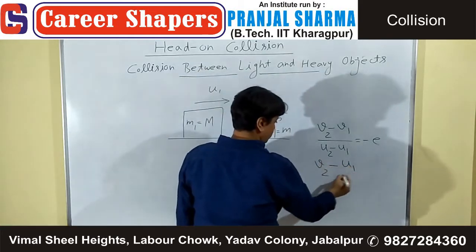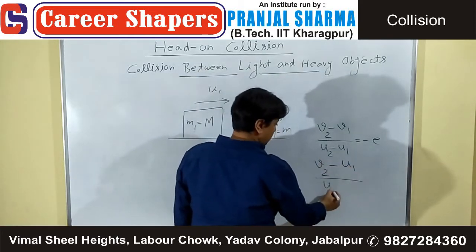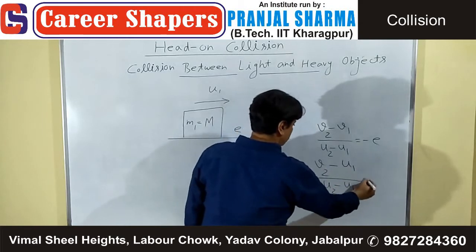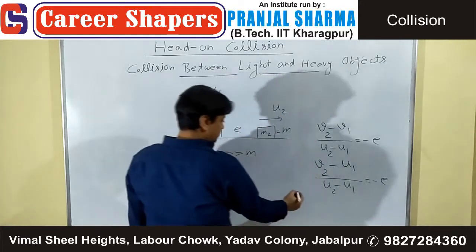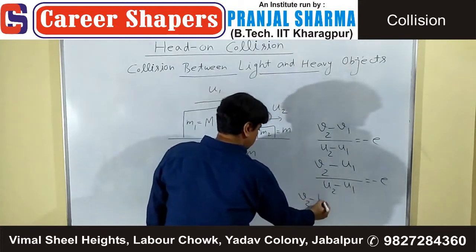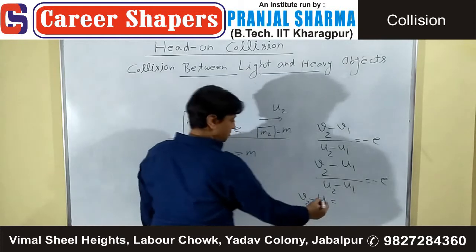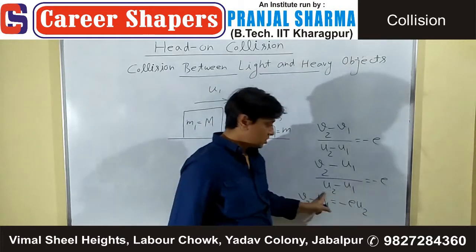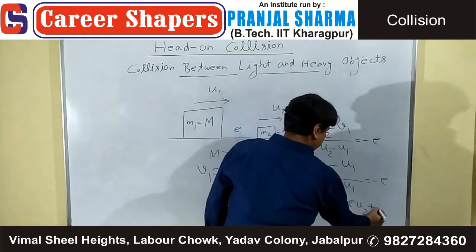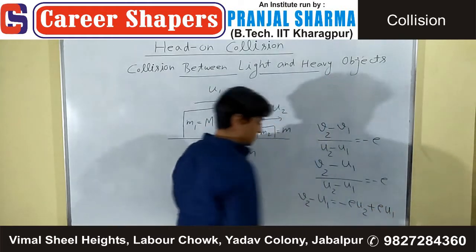So (V2 minus U1) divided by (U2 minus U1) equals minus E. This gives us V2 minus U1 as minus E U2 plus E U1.